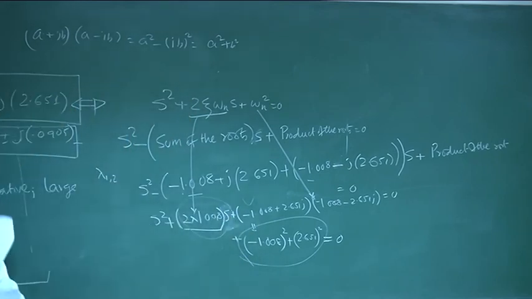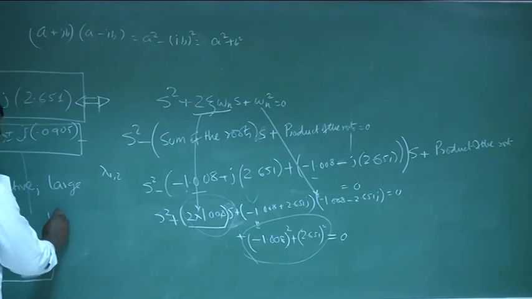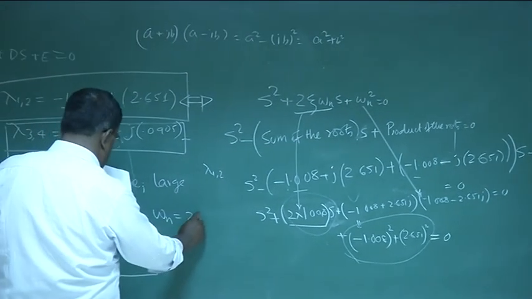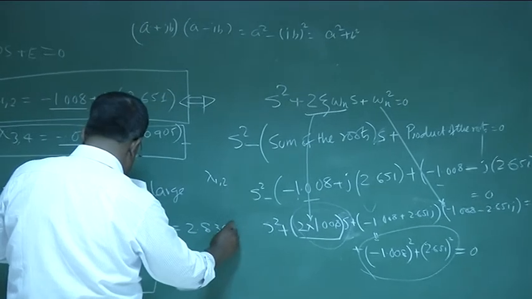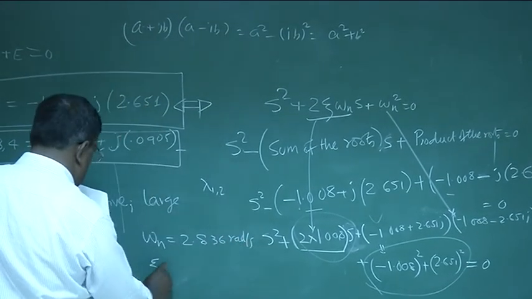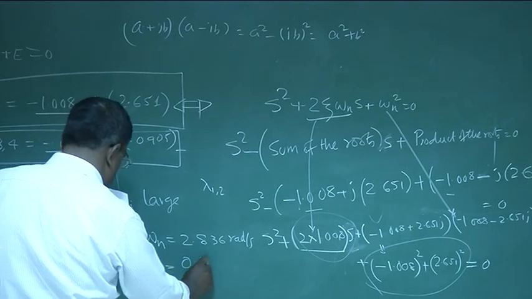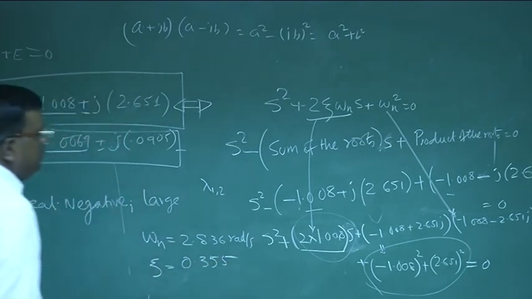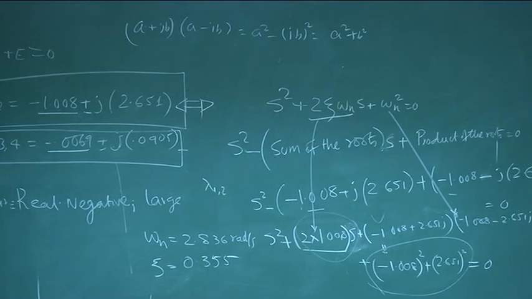By solving that, I get omega n equal to 2.836 radian per second, and zeta around 0.355. Is this clear how to do it?